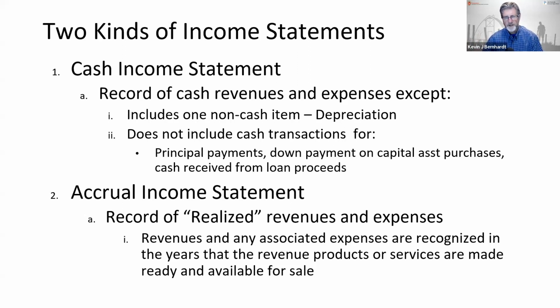So the cash income statement is great for tax purposes and tax management, but it is not necessarily very good for doing financial analysis or really understanding what the performance of the business is, or for making future decisions based on what the financials of the business are. For those things, we need the accrual income statement. The accrual income statement gives us the real situation, lets us know what the real performance was in reality. So that's what we need to get to.